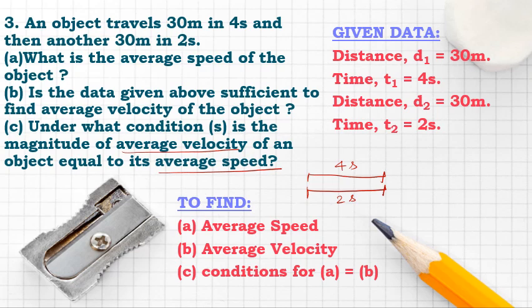First let us write the given data. We are given 2 distances and 2 time periods, and we will write what we need to find. That is average speed, average velocity, and the condition for average speed to be equal to average velocity.